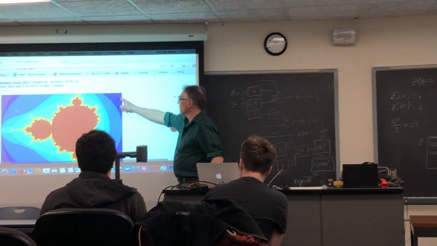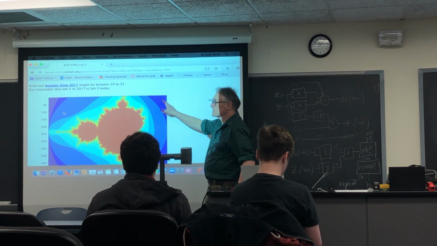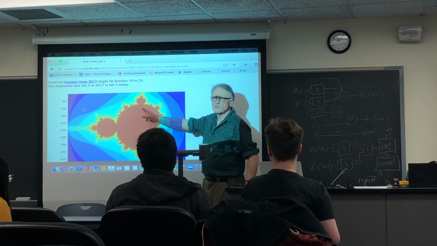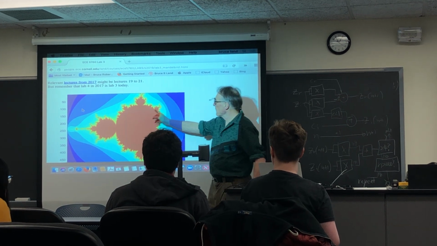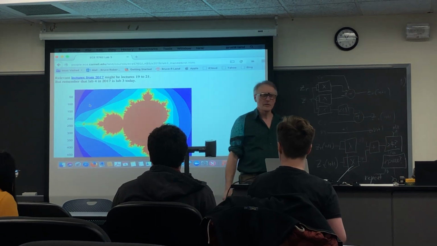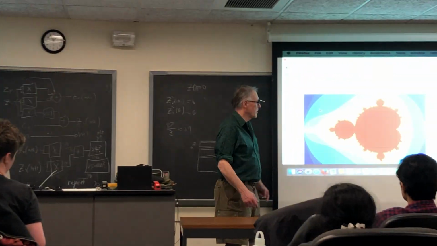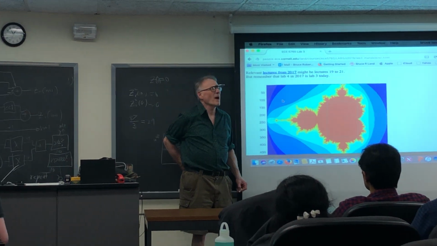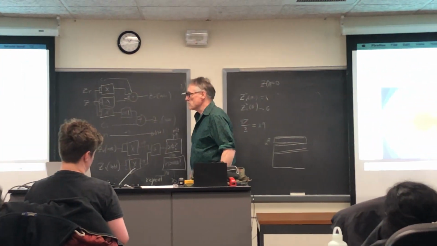So out here, you're going to waste a lot of time because there's only 1 iteration necessary to diverge. Here, you'll save a lot of time because there's 1,000 iterations necessary. Although most people are probably going to describe a rectangle and not bother to compute anything inside the rectangle. Another rectangle in here. Rectangles are easier to bound than circles. That's why you use a rectangle.